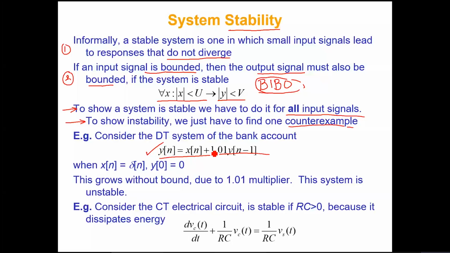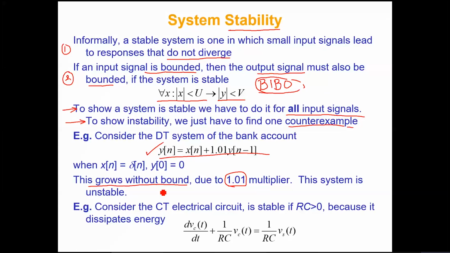So how I was able to say that this is unstable was, we see that if we keep giving input, the output keeps increasing. The output tends to grow without any bound, and this is because of that multiplier part, the 1.01 multiplier. So the output always gets enhanced whenever we give any input to it.